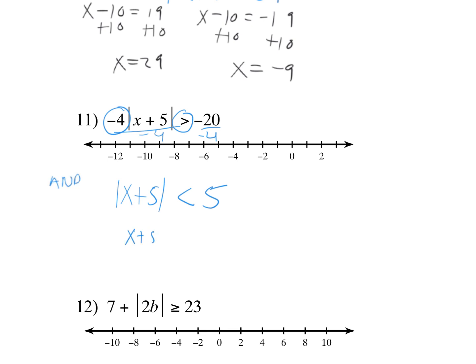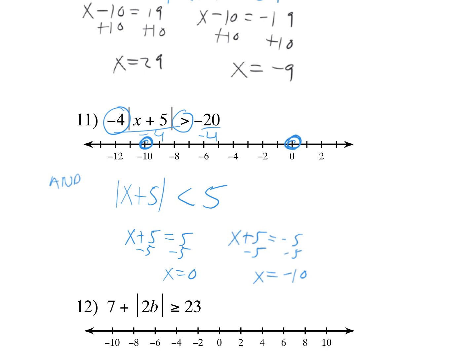So we're going to get x plus 5 is positive 5, and x plus 5 is negative 5. And then one of our values is going to be 0, 5 minus 5 is 0. And our other value is going to be negative 10. It is a strict inequality, so we're going to have open circles at negative 10 and at 0.